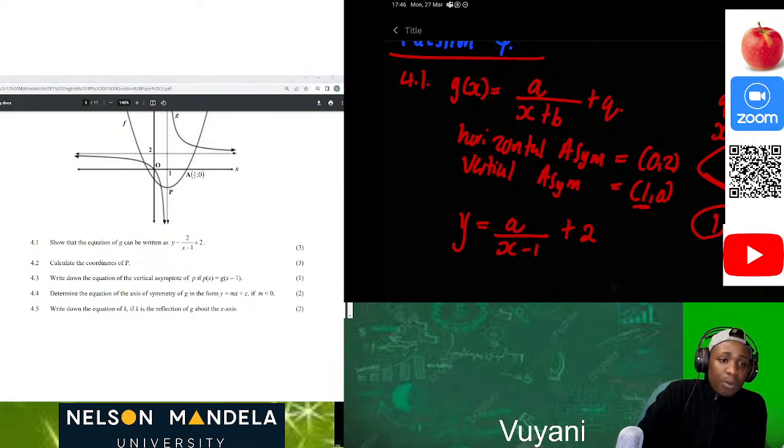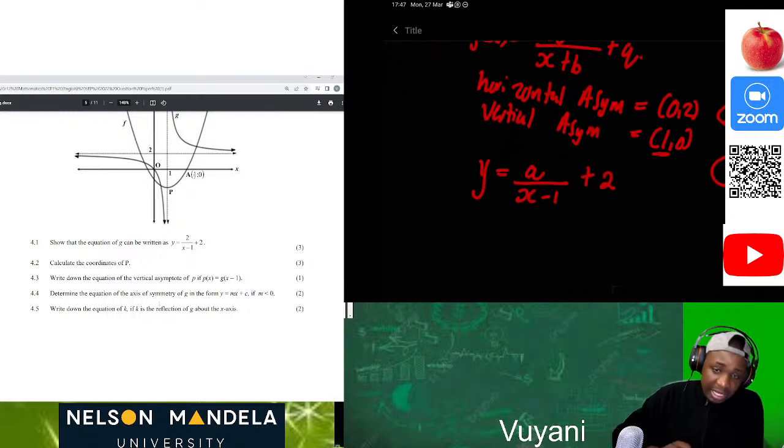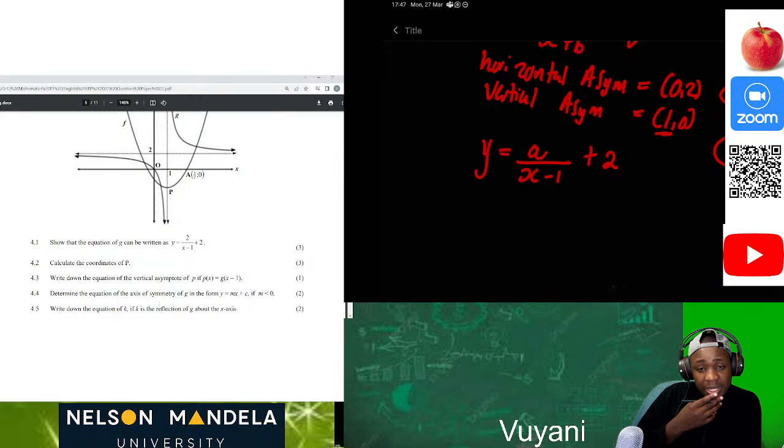So from that point, guys, this is not hard. We know already that from this point we can now solve the problem. So let's solve the problem together. We can see that the function g of x, which is the hyperbola, has a point at (0, 0).